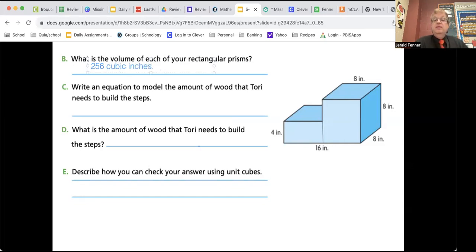And then the second one, you could use your calculator. 8 times 8 times 8 is going to be 512 cubic inches.